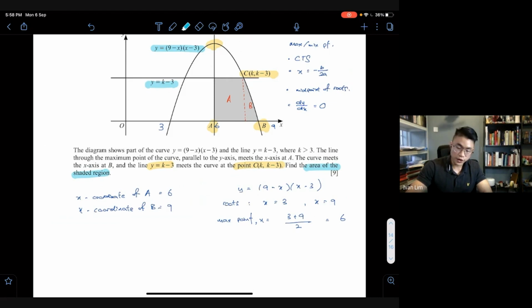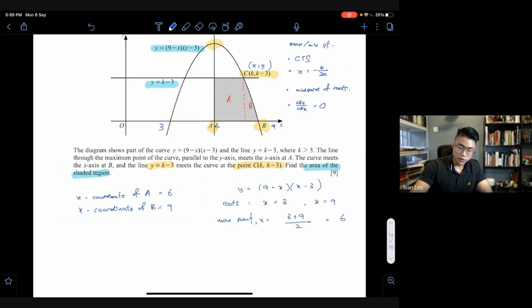So to find the point C, k and k minus 3 is the intersection between the line and the quadratic curve. So I just need to sub in both together to find the value of C. This is my x, this is my y.